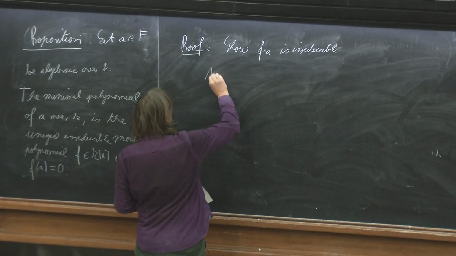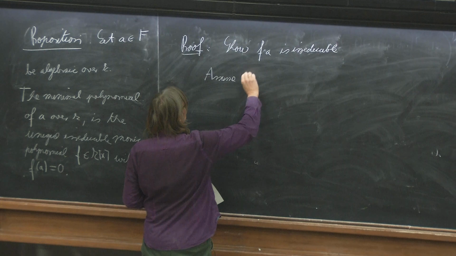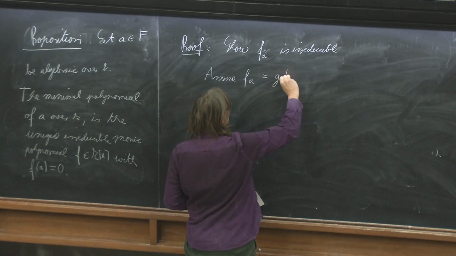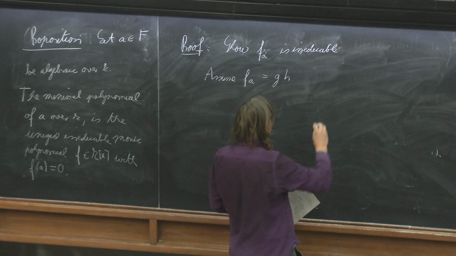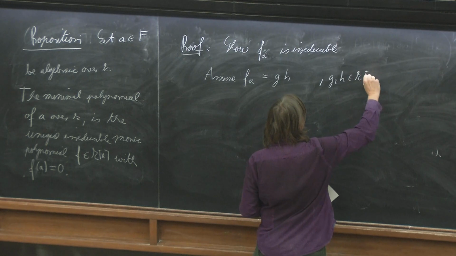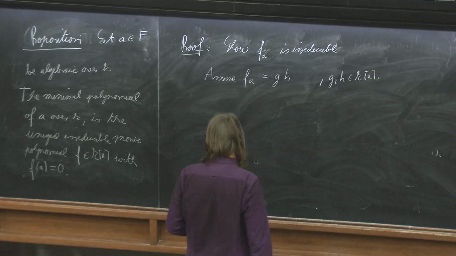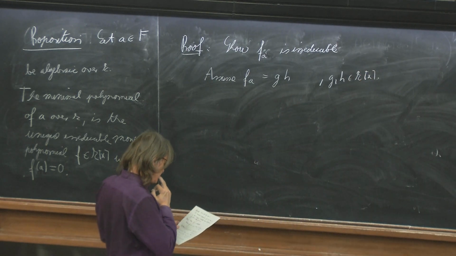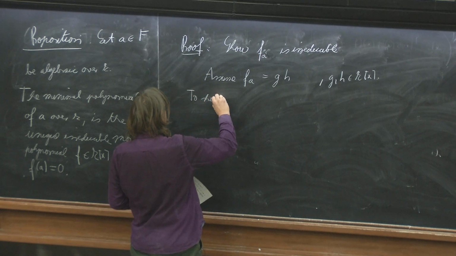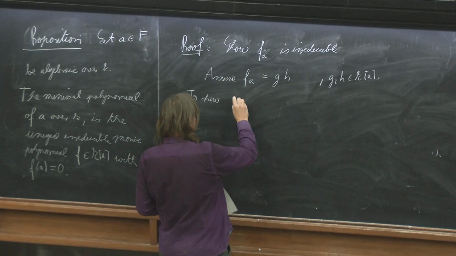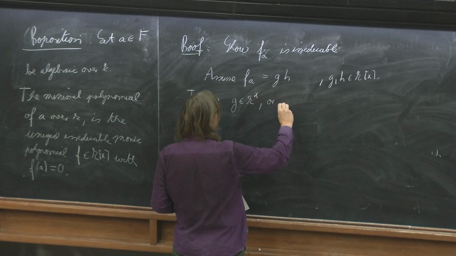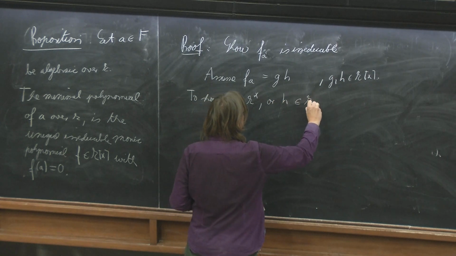So assume f_A equals g h, where g and h are polynomials in K[x]. We have to show that one of them is a unit: g is an element in K star, or h is an element in K star.